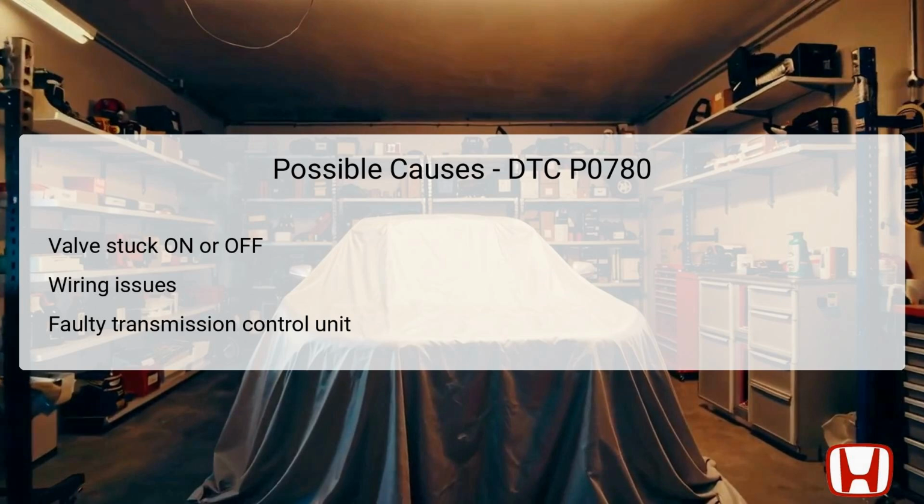A faulty transmission control unit, TCU, might not process signals effectively, leading to erroneous DTC settings. It is essential to cross-reference with related codes, specifically P1898 and P1899, to gain a deeper understanding of potential malfunctions. Identifying these issues early can save time and costs associated with extensive repairs.